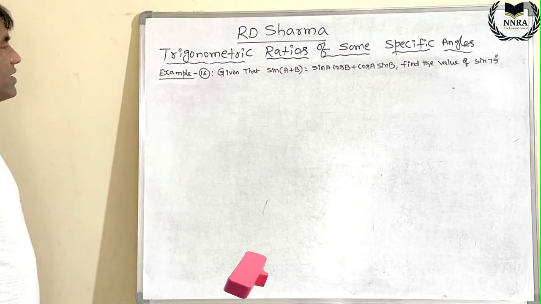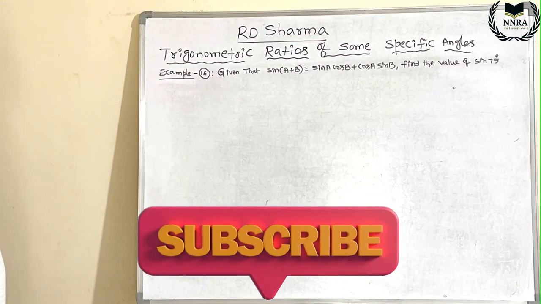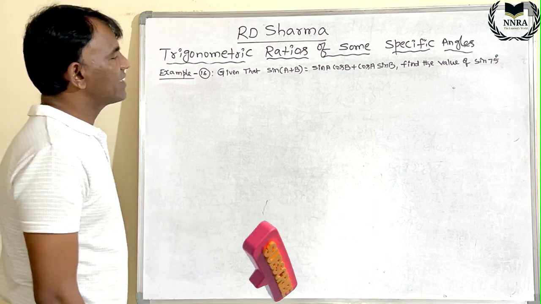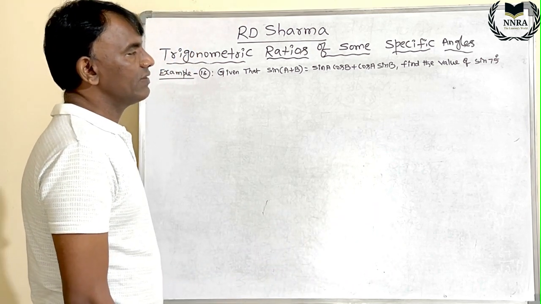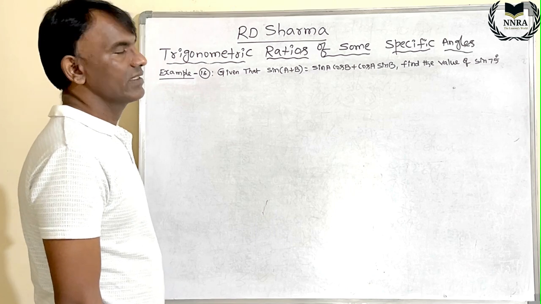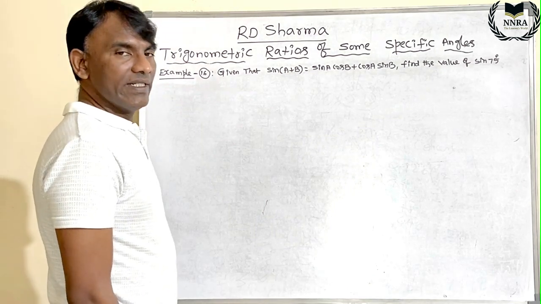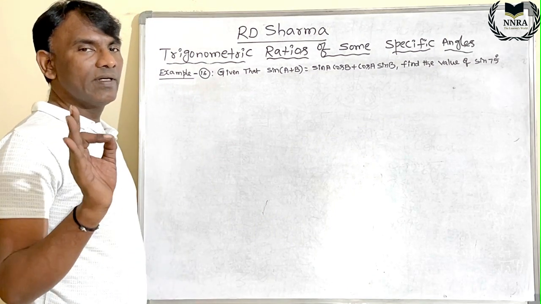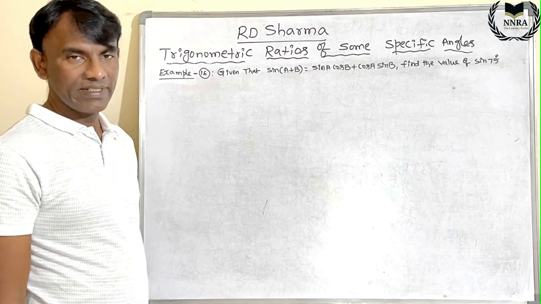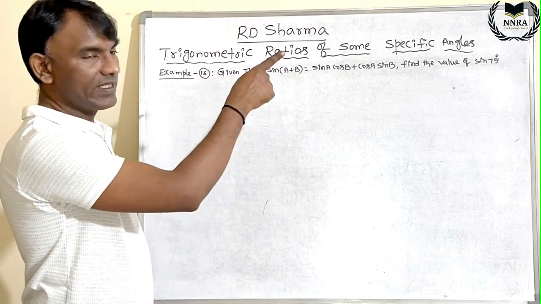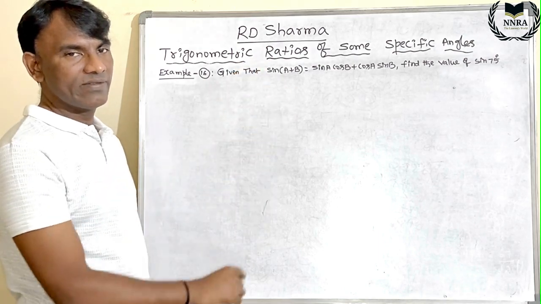Okay, now this is example number 16. Given that sine of a plus b equals sine a cos b plus cos a sin b, find the value of sine 75 degrees. So in that, we know very well about the values of sine 30, cos 30, sine 45, cos 45, correct? So 75 can be written as 30 plus 45.